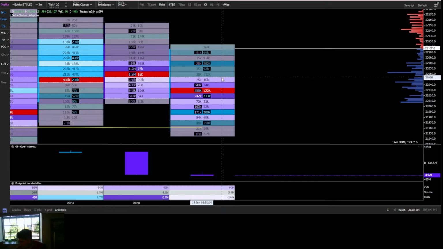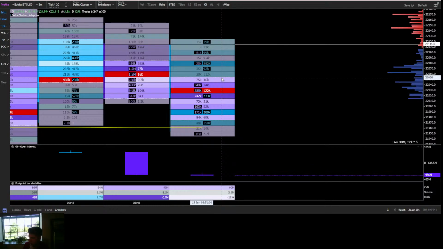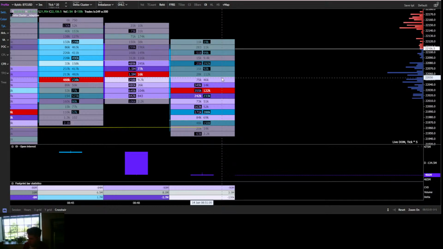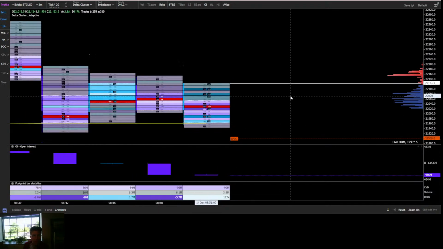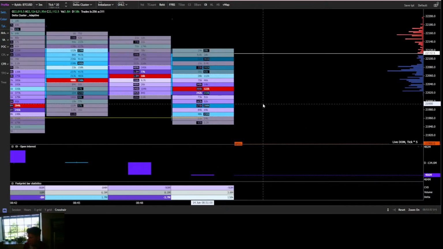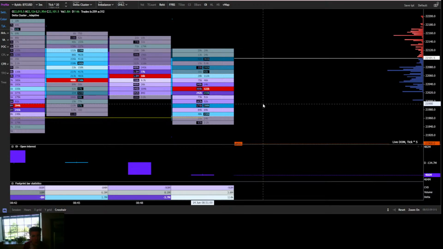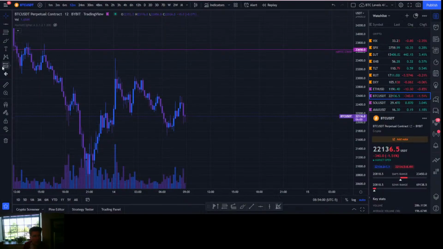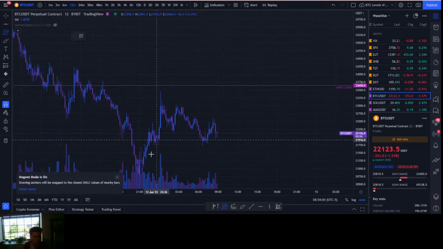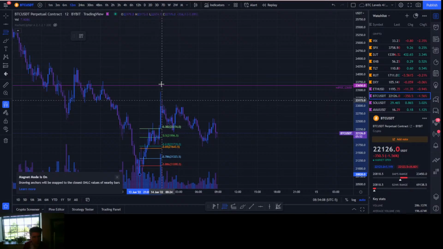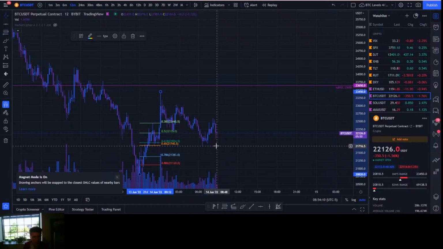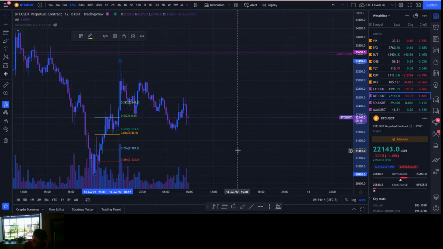Yeah, again, a new session compared to London. We were chased down to the 6-6. Oh yeah, we did. Nice golden pocket retrace.